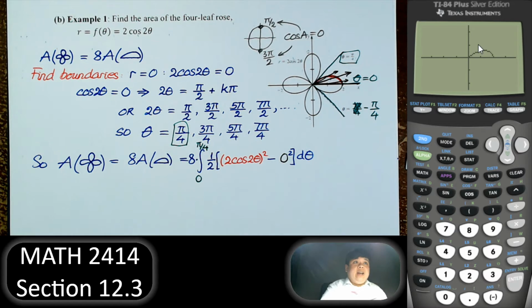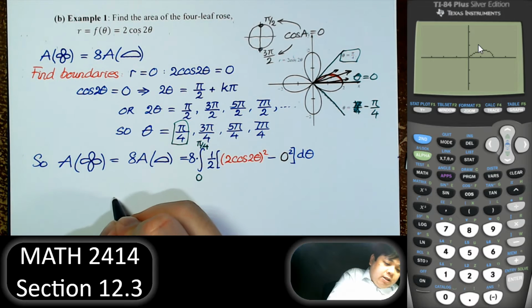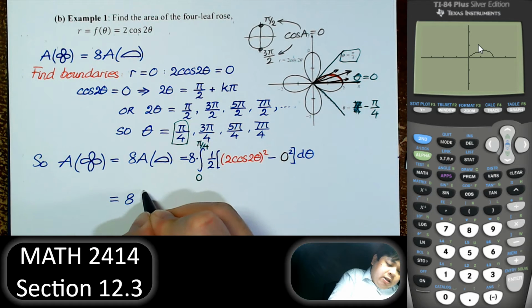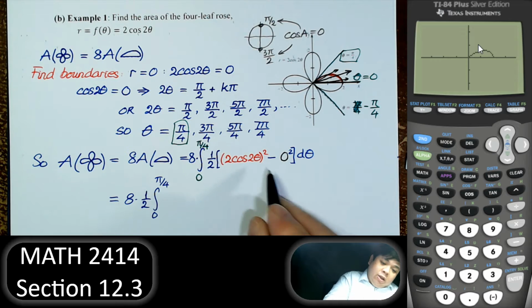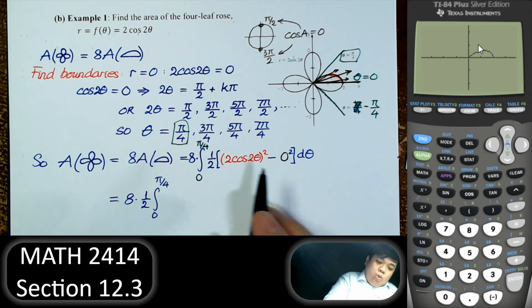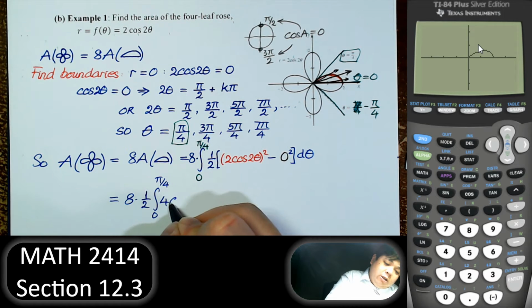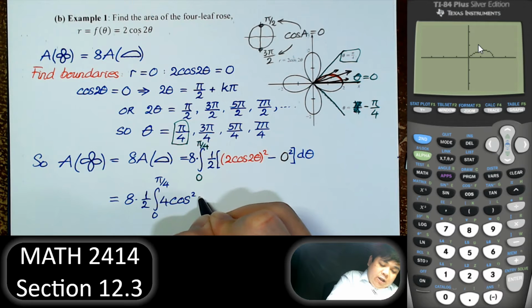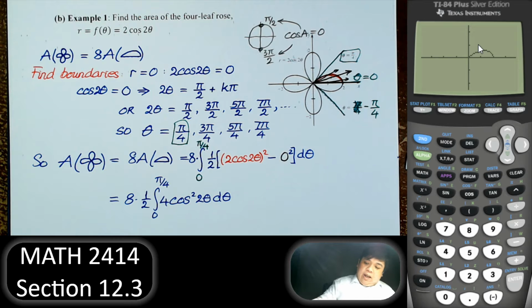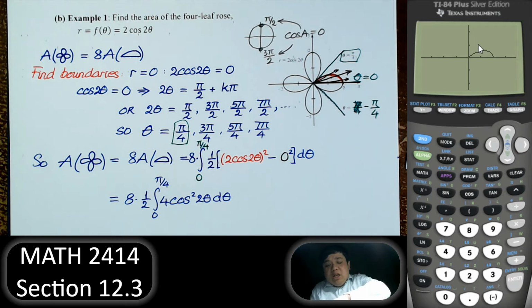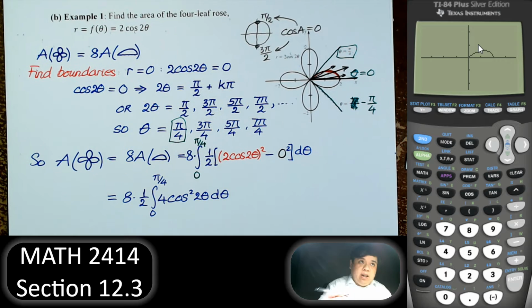Right. Now just integrate this. 8 times, I will bring down the 1/2, and then that one square will be 4 cosine square of 2 theta. Now, for most of this problem we will use the power reducing identities.